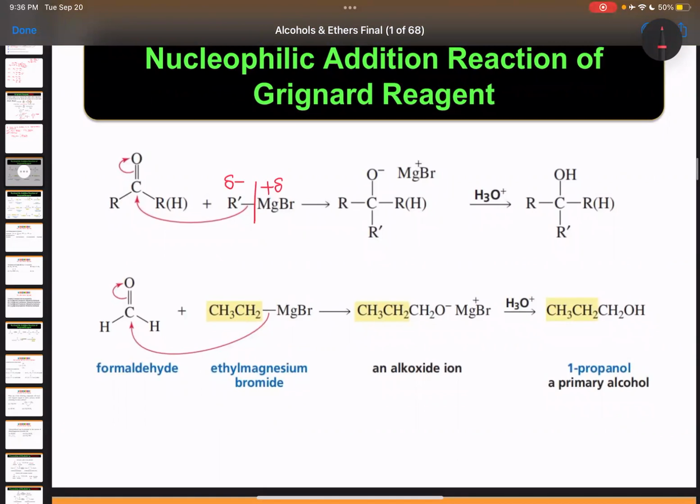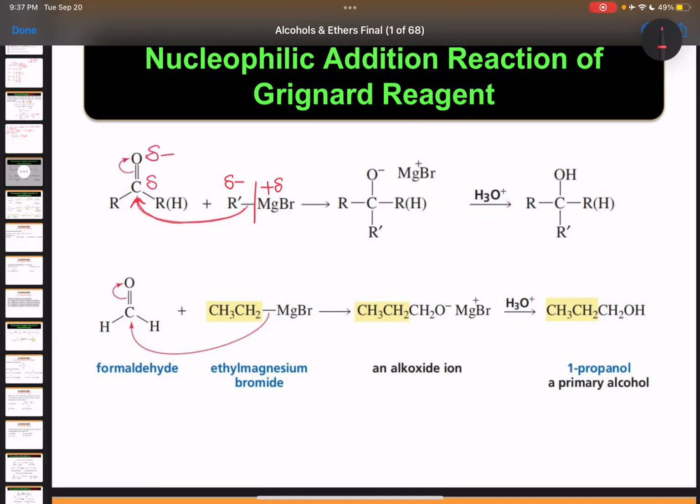Yes, sir. So if you have taken aldehyde and ketone, this R minus is going to come and attack on this. Why is the carbonyl going to get attacked? Why will the C=O of aldehyde and ketone be attacked? What's the reason? Sir, because it is a polar bond. Exactly, it's a polar bond.